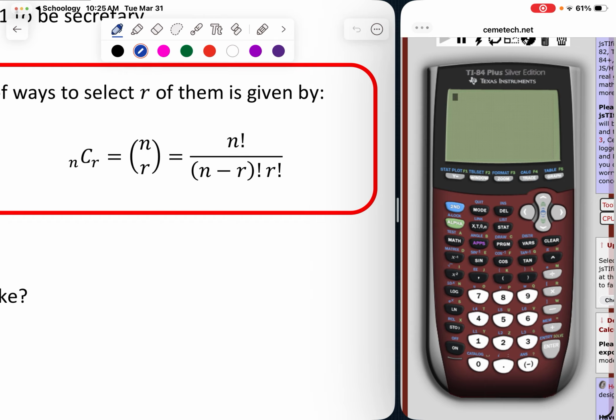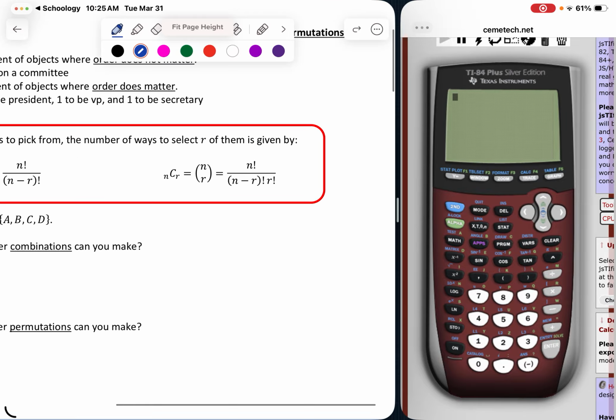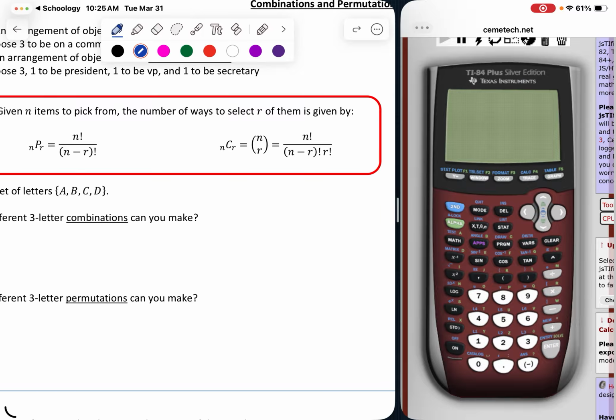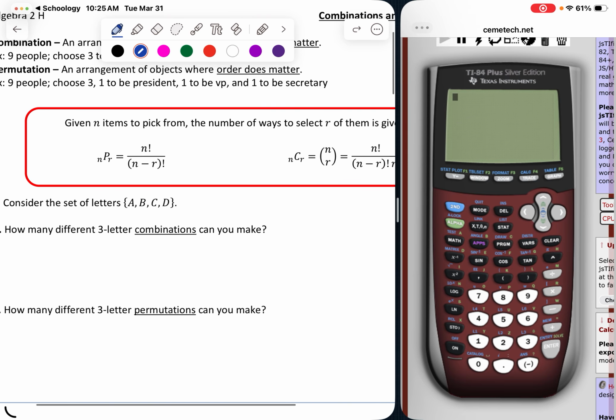We could also write it in this formation, which we're used to writing. We've seen that before. N factorial divided by n minus r factorial divided by r factorial. So this is how you find permutations, but then to get combinations, you also have to divide it by r factorial. So combinations is always going to be a smaller number than permutations when comparing 2 things, because the order doesn't matter in combinations. Within permutations, it does.